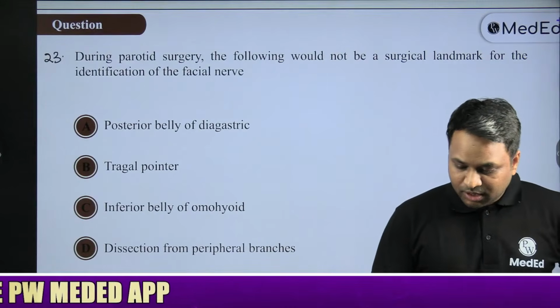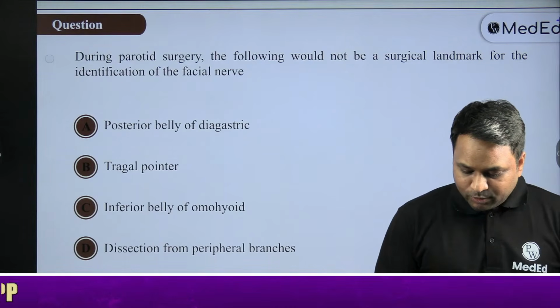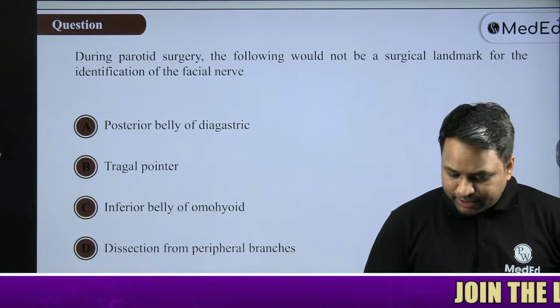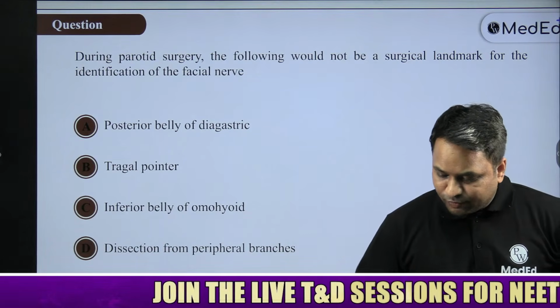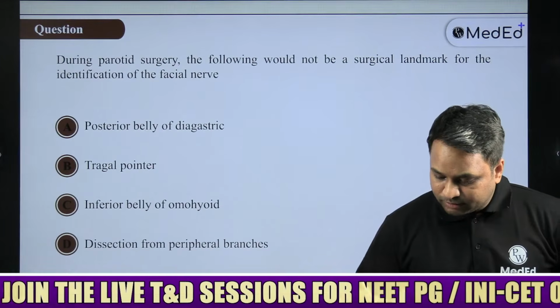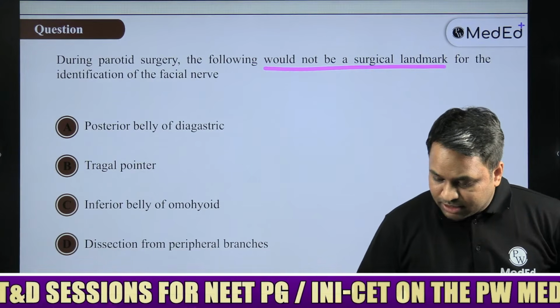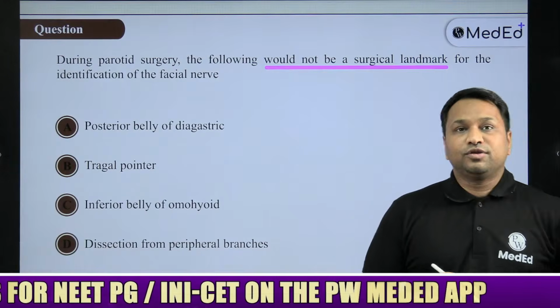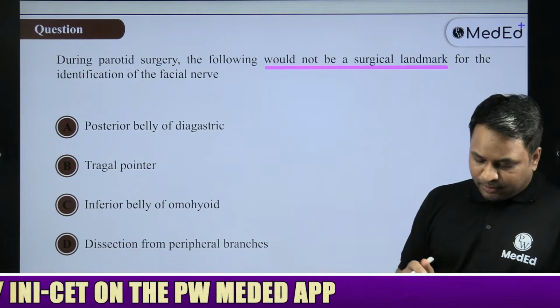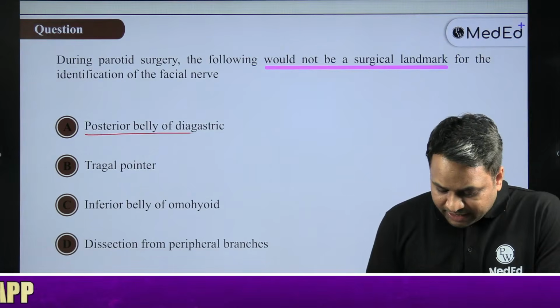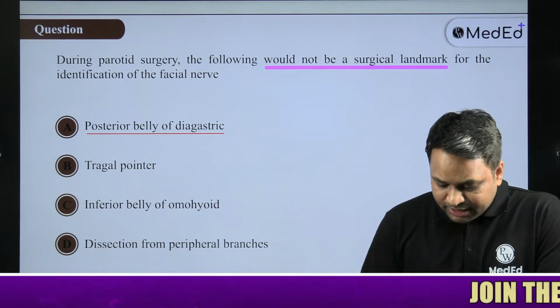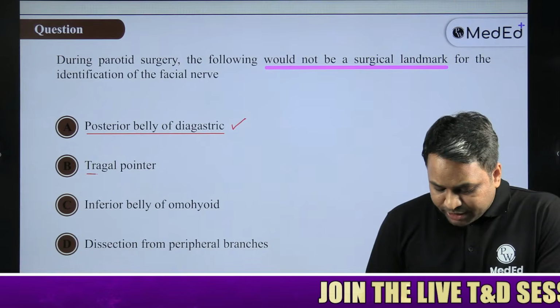Next. Now this is also a repeatedly asked exam question. During a parotid surgery, which of the following would not be a surgical landmark for identification of the facial nerve, right? Now, remember, the posterior belly of digastric actually traces the trunk of the facial nerve. What is a tragal pointer?